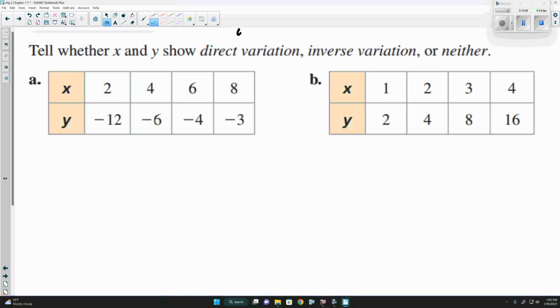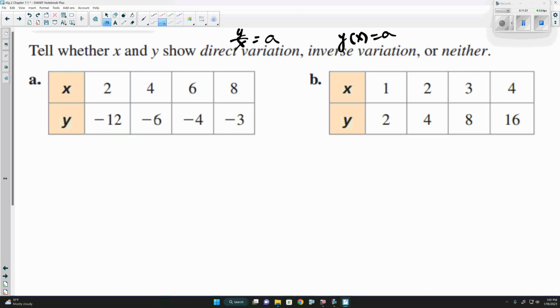We also said that y over x is equal to a, that constant amount. So y and x for each one of these should vary by the same amount. And for inverse variation, we said that y times x is equal to that value a. So we should get the same number. If it's not one or the other, then it's going to be neither.